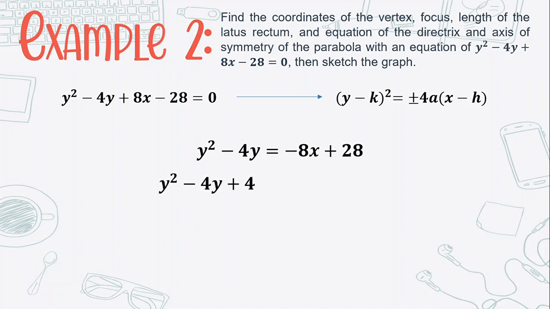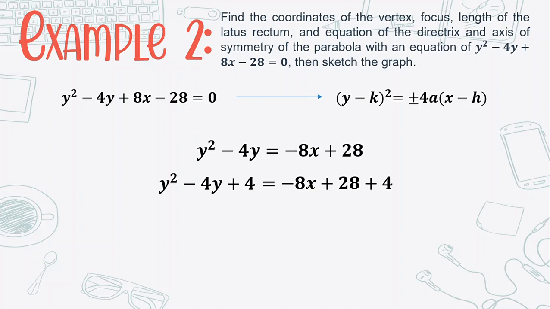Therefore, we will have y squared minus 4y plus 4. Then again, don't forget to add 4 to the other side of the equation because that's how completing the square works. So on the other side of the equation, we have negative 8x plus 28 plus 4.